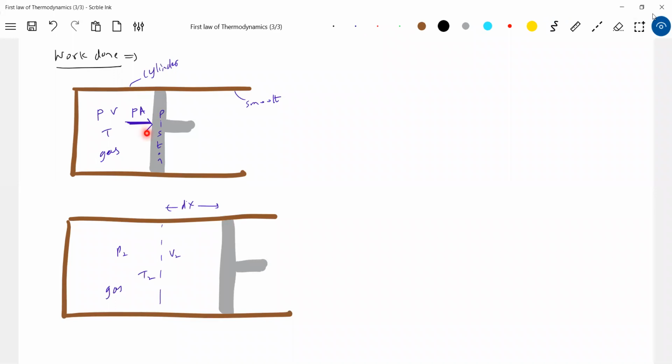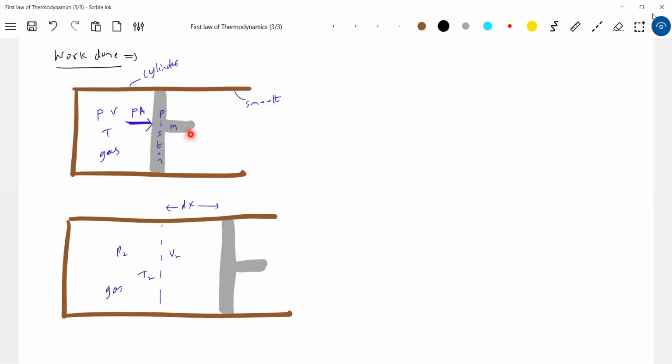Now, if a force acts on a body, if the piston has a mass m, what will happen to the piston because of the force? It will accelerate. As it accelerates, the kinetic energy of the piston will increase. From where is this kinetic energy coming? The gas is doing work.